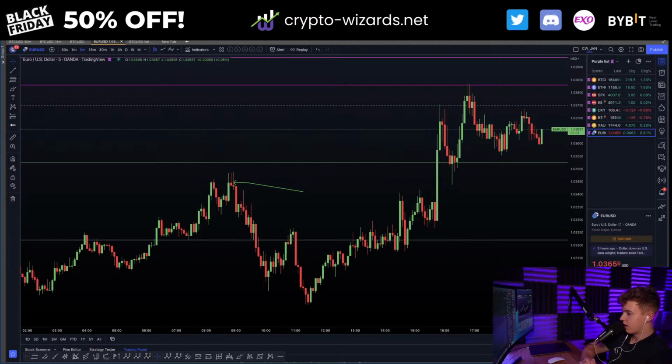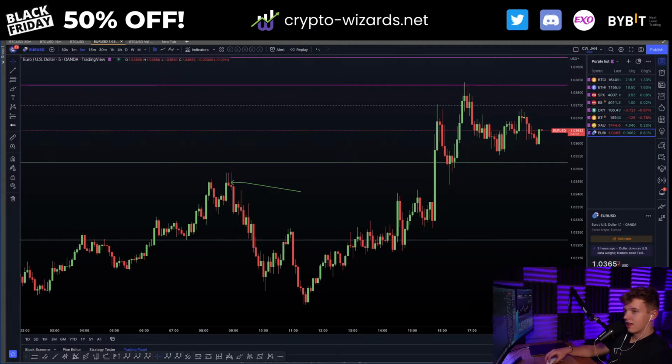Zoom out on BTC and you can see the PO free setup. What's that? What's PO free setup? I don't know. What do you mean by PO free setup? Never heard about it.